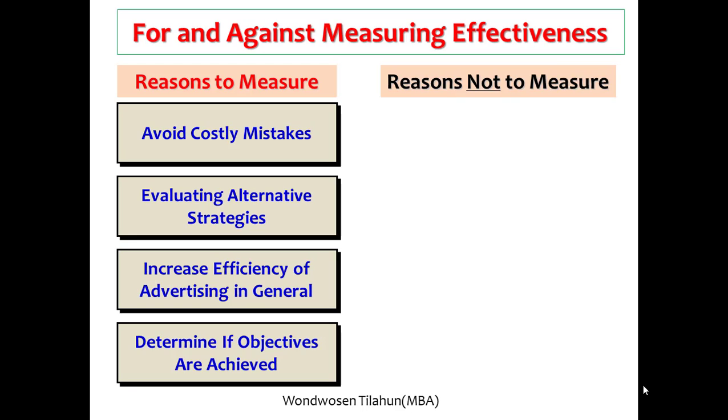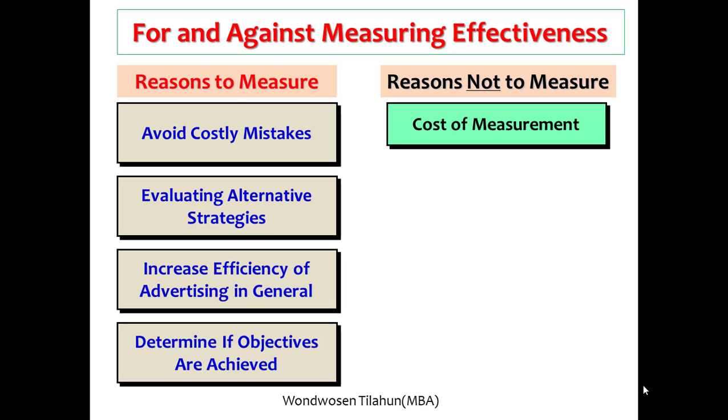The other category of groups says they are not going to measure the effectiveness of their advertisement because of these reasons. The first one is the cost of measurement. Sometimes the cost may outweigh the benefit of measuring that particular advertisement, because by its very nature research involves a lot of expenditures.